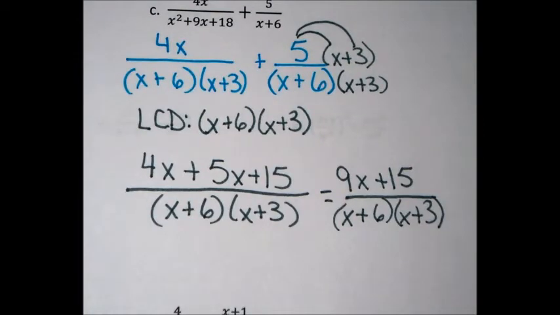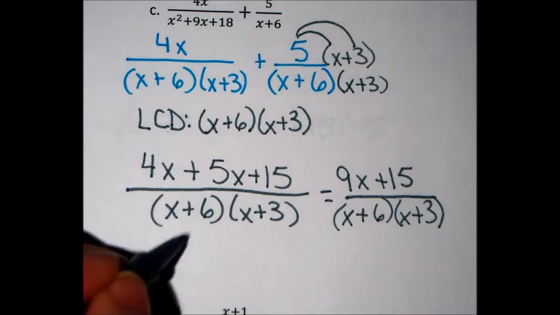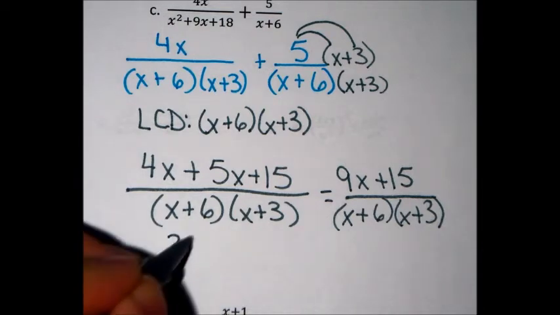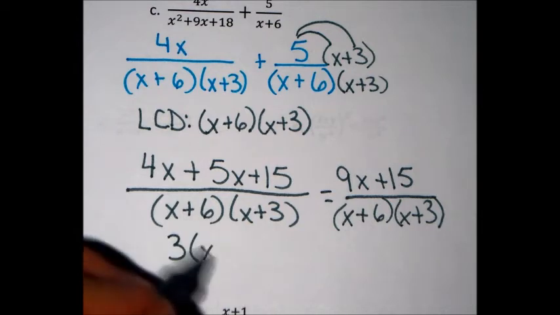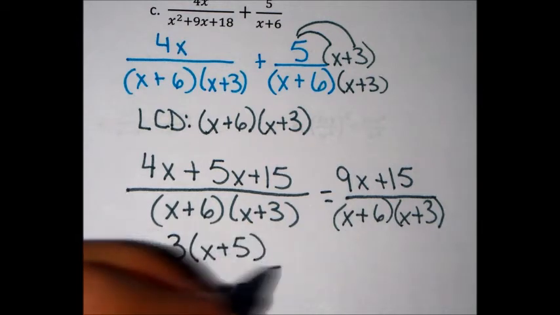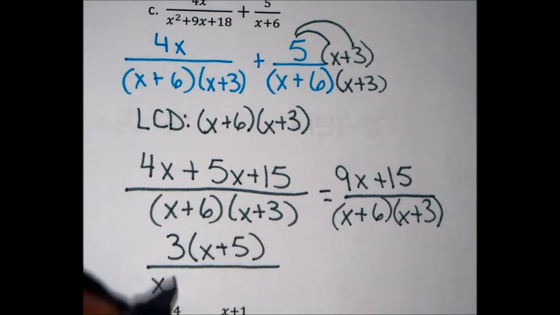Here's an example of where we're going to try and see if we can factor anything, because I do see a common denominator across the top. I can take a 3 out of both the 9x and the 15. And it leaves me with x plus 5.